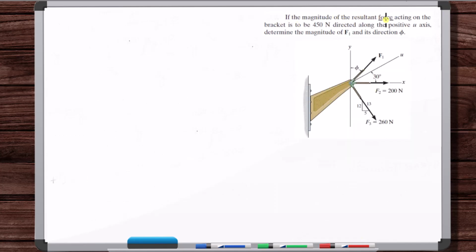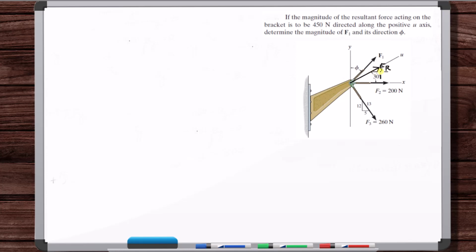If the magnitude of the resultant force acting on the bracket is to be 450 newtons directed along the positive u-axis, determine the magnitude of F1 and its direction psi. So similar to the last problem, they give us the resultant. We'll call this FR.